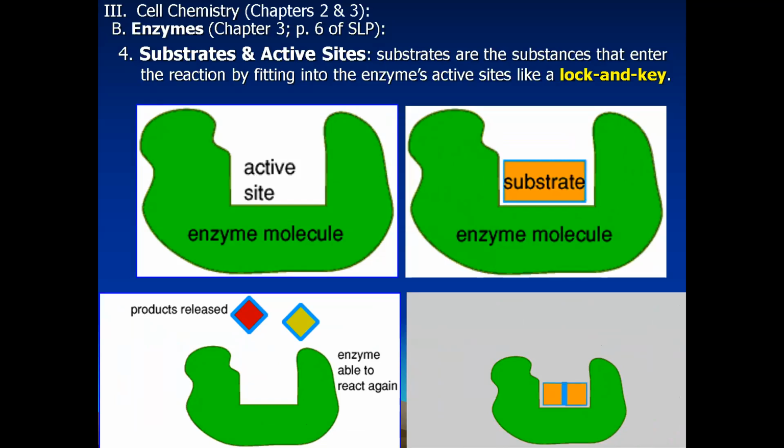Now, when the substrate does bind to the active sites, the enzyme may actually change, but it changes temporarily. And after the reaction, it snaps back into its original shape. This is why I said the enzyme is not permanently altered.